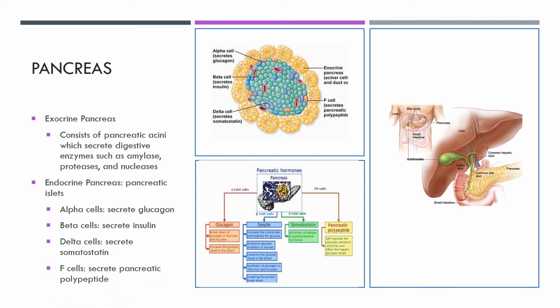The endocrine pancreas contains the pancreatic islets, which is represented here. And different cells in the islets secrete different hormones. The alpha cells, for example, secrete glucagon. Okay, and what glucagon does is that it raises your blood sugar.